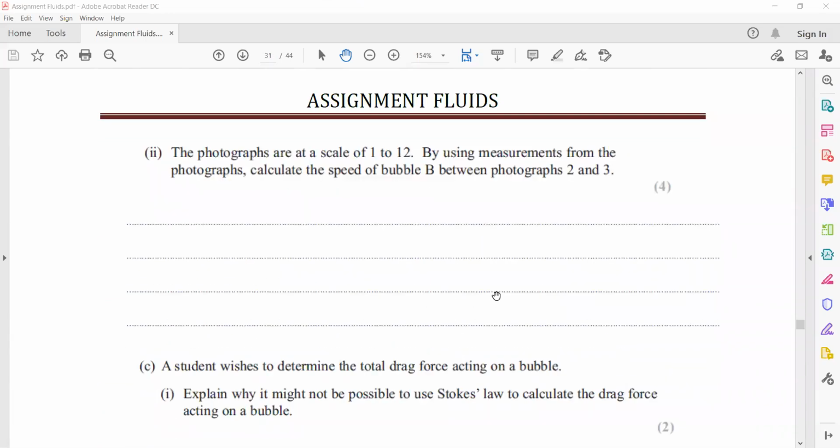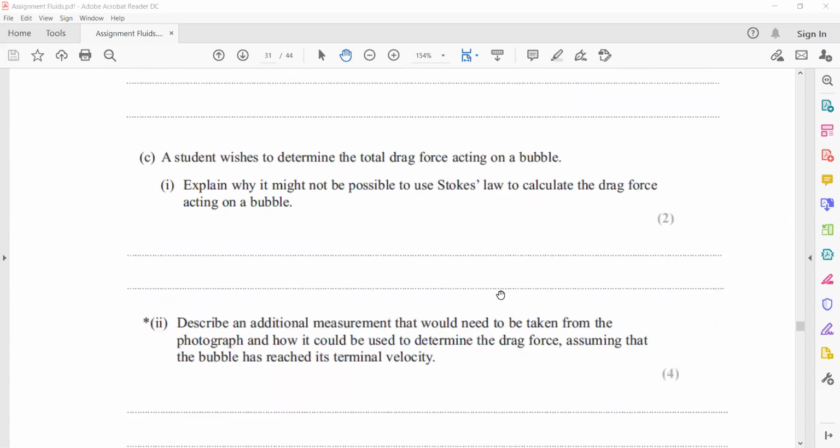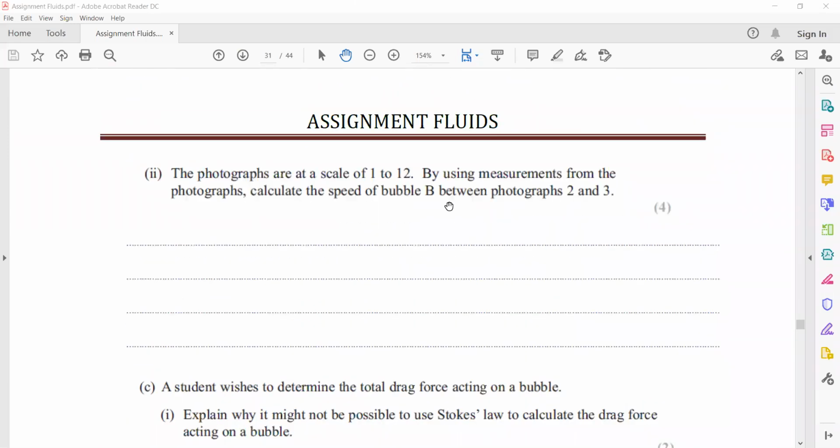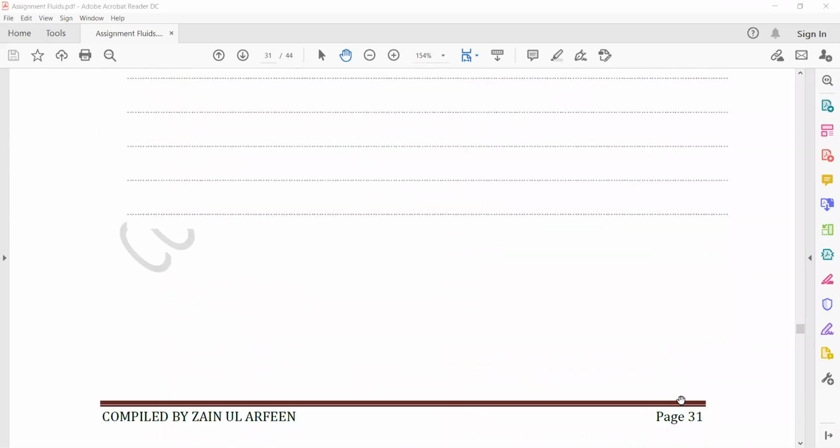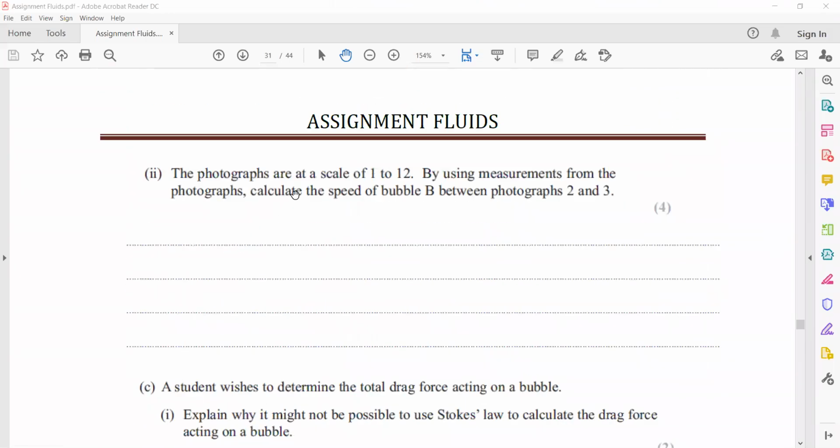Page 31, question 31B2 and C2. The photographs are at a scale of 1 to 12. Because the size increased, the drag force is also increasing. There is an increase in drag force because of the increase in size. There is an increase in upthrust because of the increase in size, but upthrust varies with the cube.